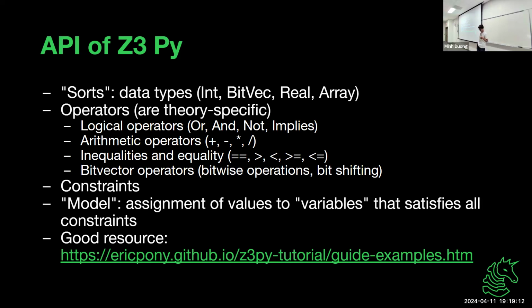Z3 has this funny Lisp-style API. The way you create a variable is declare const, which is maybe a little more evocative of what it's actually doing. If you want to use the Z3 Python API, that website is very good for telling you how to create variables, constraints, operations and so forth. I think we have an example from that.